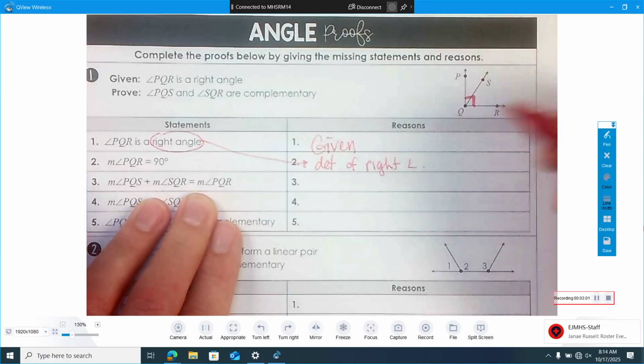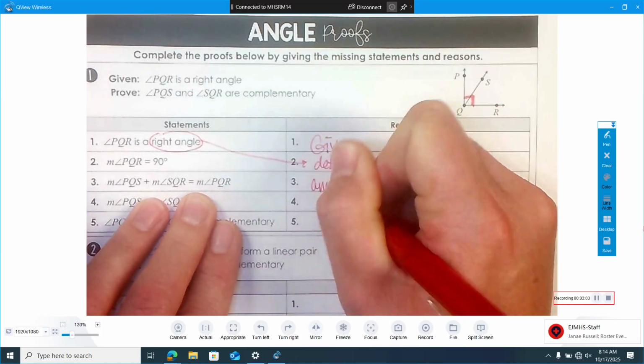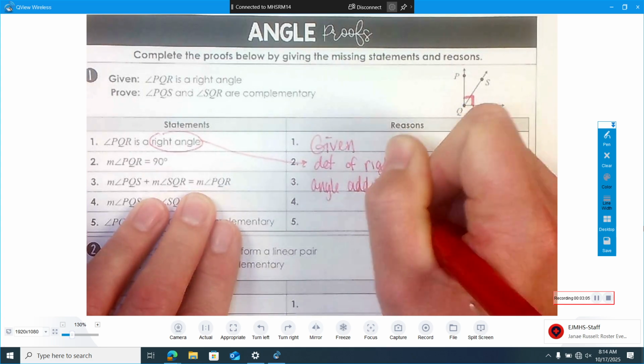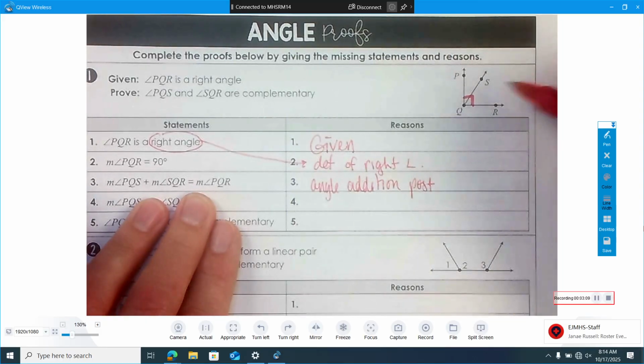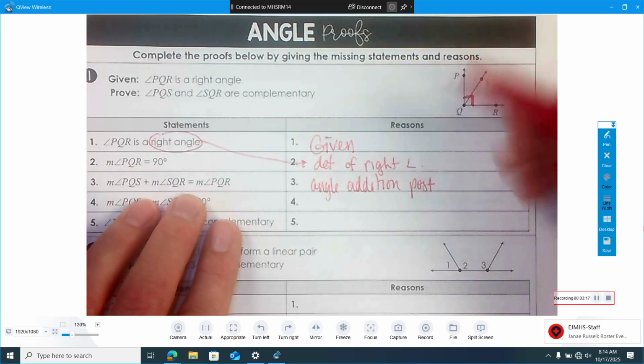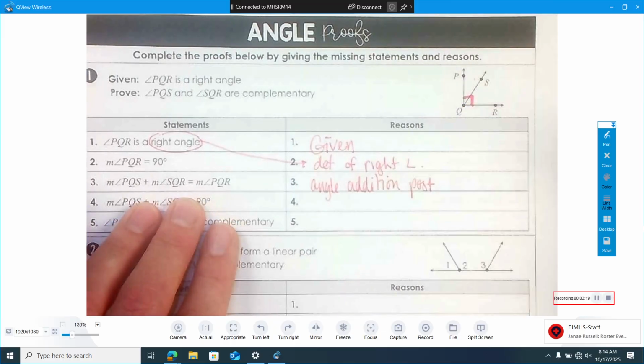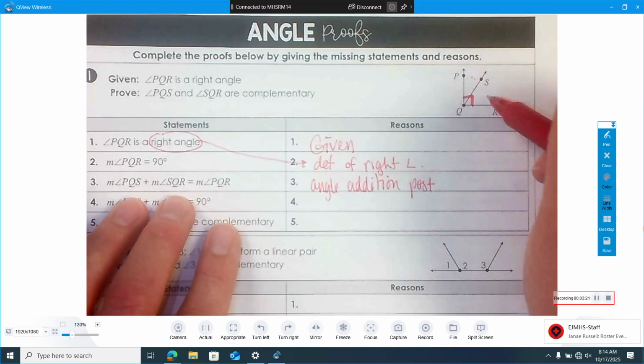Piece plus piece equals whole. Angle addition. That was an easy one. Angle addition postulate. Piece plus piece equals the whole thing. And this is where having the picture and looking at the picture helps us figure out the reason. Angle addition postulate. Okay. So now I have little piece plus little piece equals the whole angle.